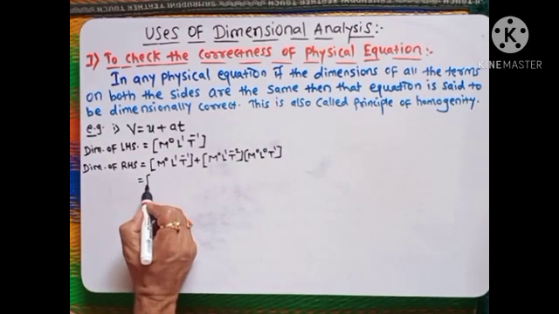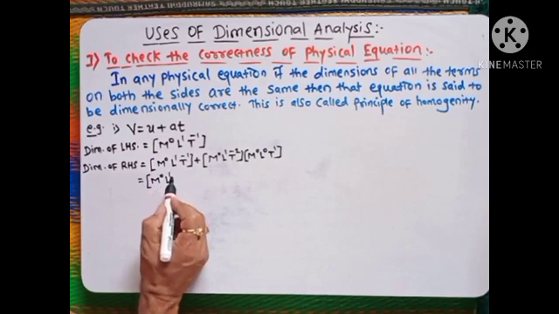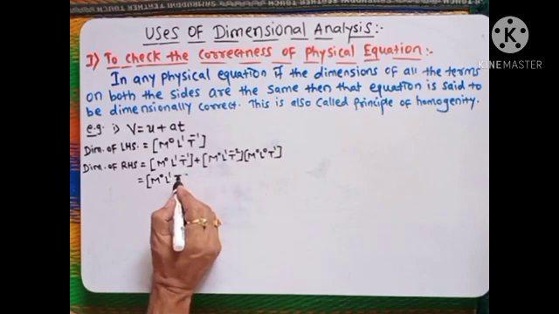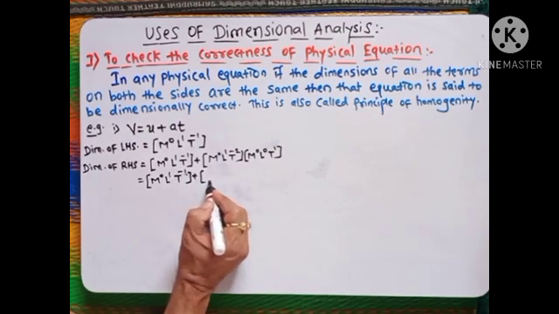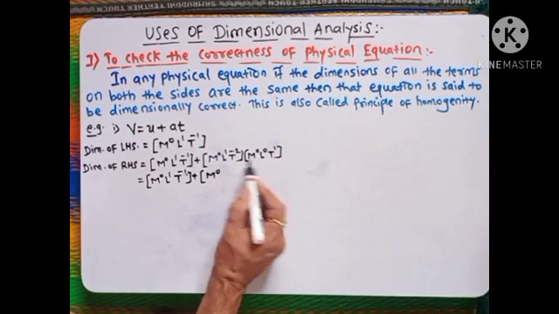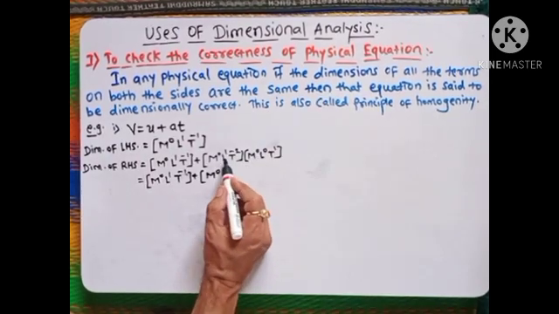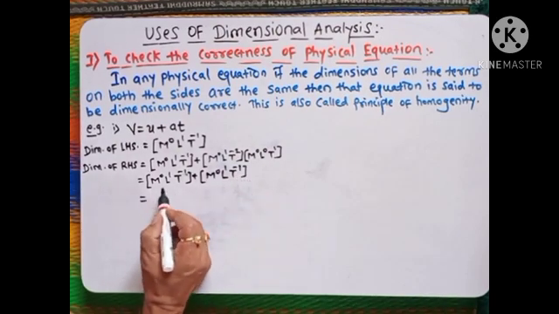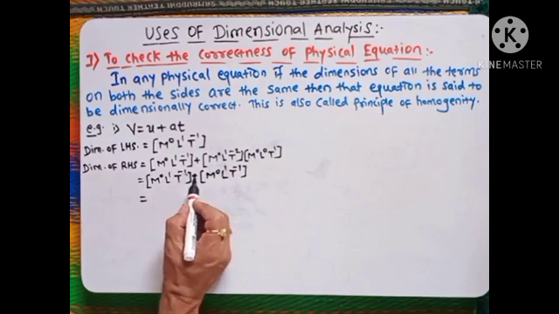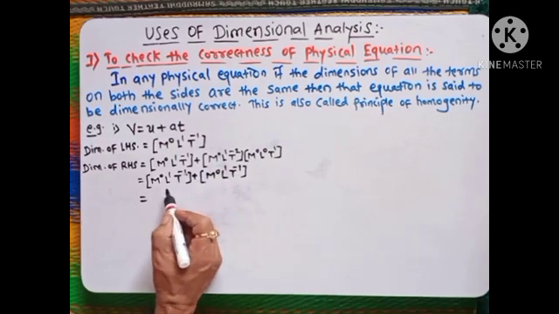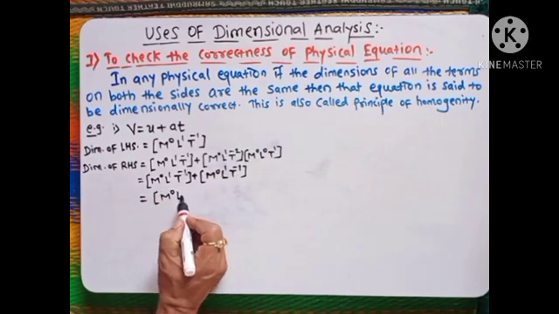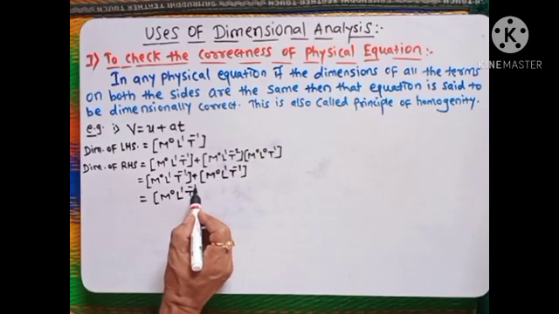If we combine all these, we get M0 L1 T minus 1 plus M0 L1 T minus 1. Here this summation is not like our normal summation. I take M0 common, L1 the same, and T minus 1.